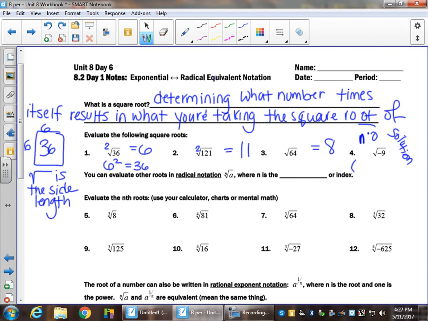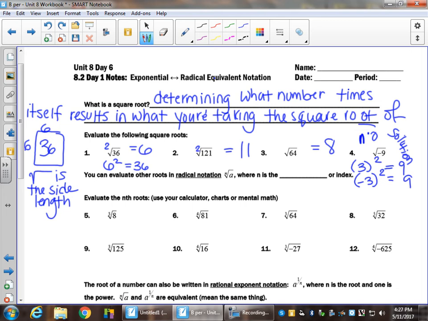Because if I square 3, I get 9. If I square -3, I still get 9. There's no number that you can square that will arrive at a negative value.